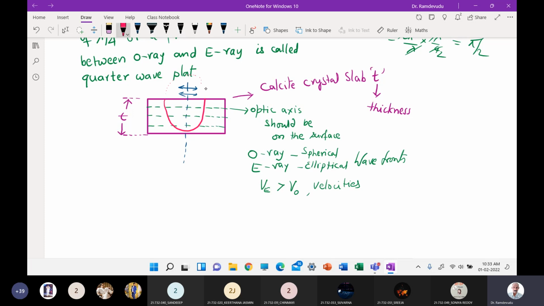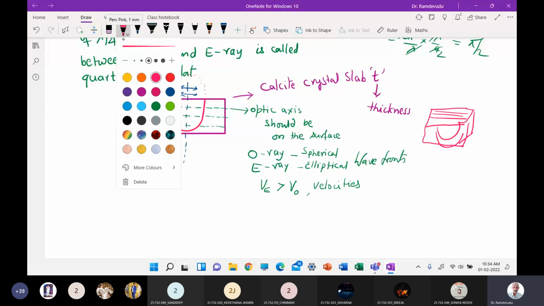But they should touch along the optic axis. So what we are taking here is the crystal cut. This is up and the crystal is extended something like this. Therefore the waves are going inside it. The optic axis is at the top. Therefore, if I draw, the E ray should move faster.